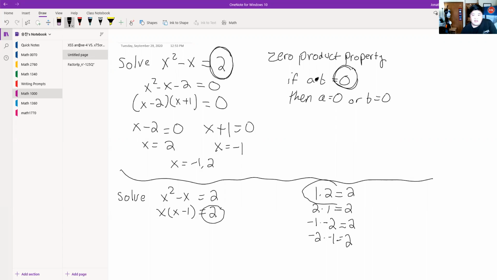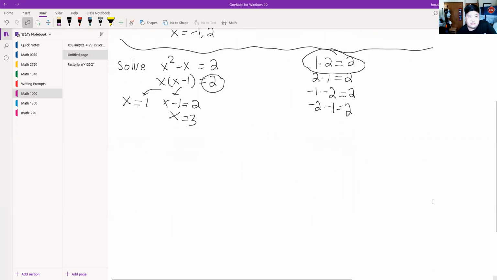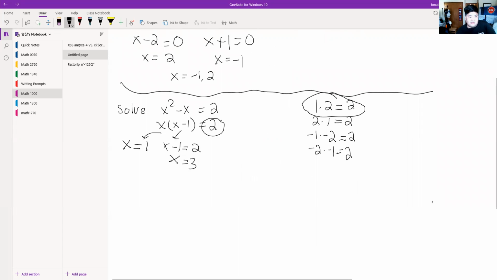So let's say that I think 1 times 2 is equal to 2. All right, well, x could be 1, and then the x minus 1 could be equal to 2, and then I add the 1 to get x is equal to 3. Now, if for some reason I actually use that combination, then I would have to check this.